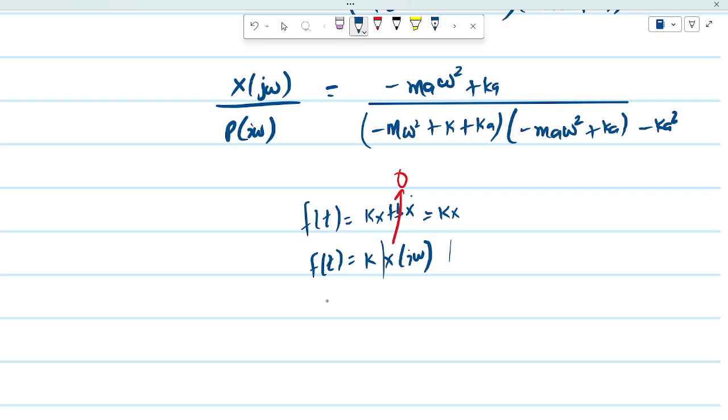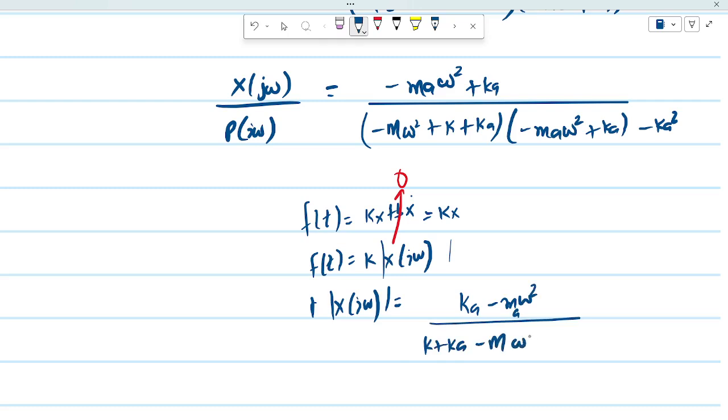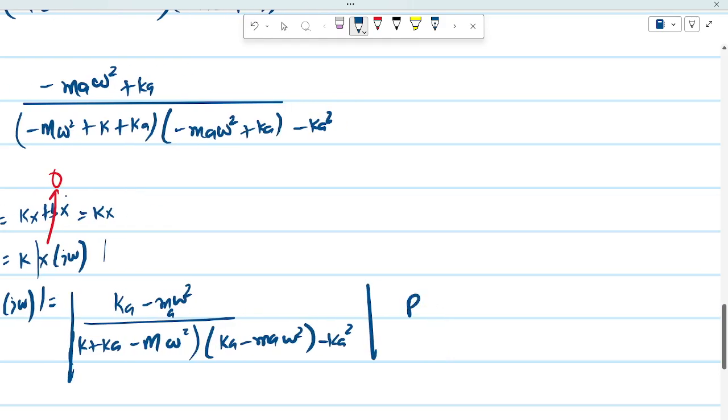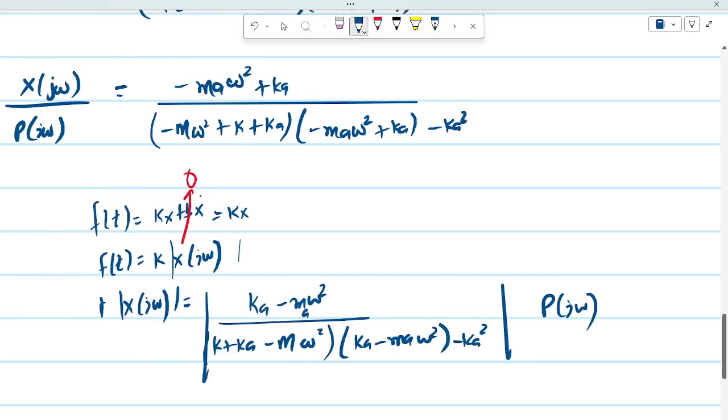So we can rewrite it as X iota omega equals Ka minus Ma omega square divided by K plus Ka minus M omega square into Ka minus Ma omega square minus Ka square. We have to take the magnitude of this one into the P iota omega.